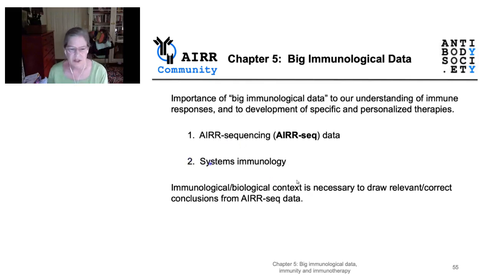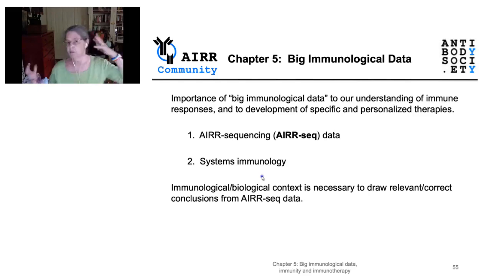Now, systems immunology, maybe all of you know what this is already, but systems immunology takes big data up a further step because systems immunology involves what they call multi-dimensional data. So that could be microbiome data combined with CyTOF data, combined with metabolomic data, and so forth.